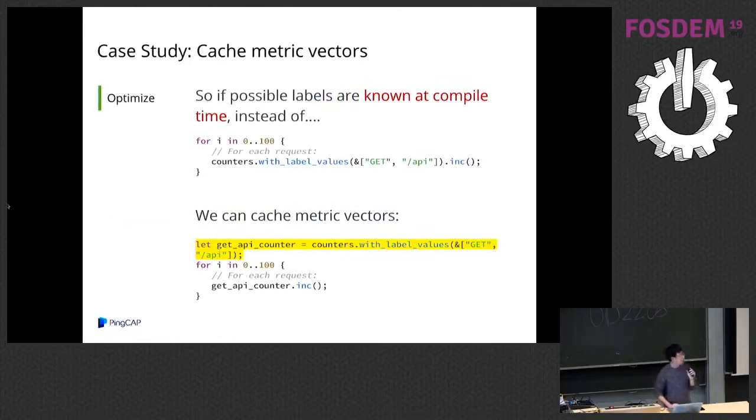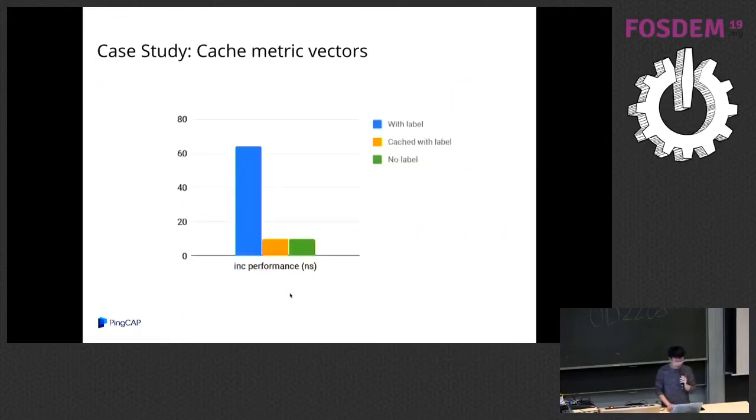For example, instead of looking up a counter using the get slash API and then incrementing it, repeating the whole process 100 times, you can look up only 1 time. So you look up 1 time, and then you increase it 100 times. This is pretty fast. It's as fast as the case when you use the counter without any labels.